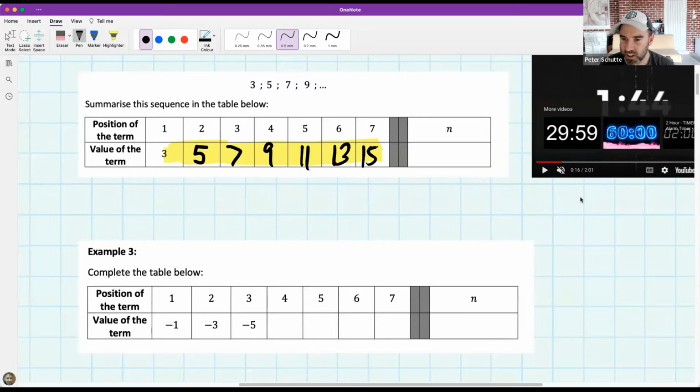Well done. So I'm going to ask Peter, because his hand is up, to help us with the solution to the next one. Peter, I'm going to ask you to unmute, and then let us know how you would go about working out the formula here.